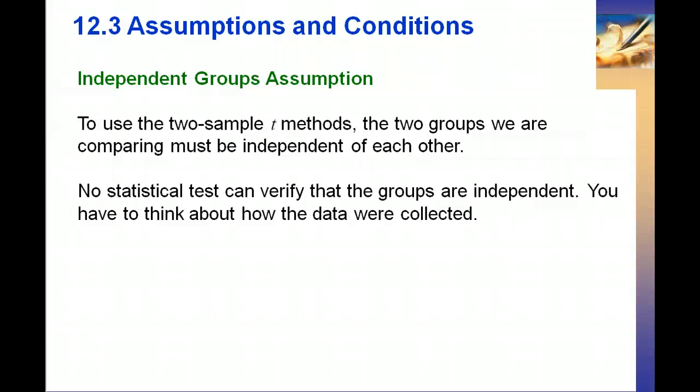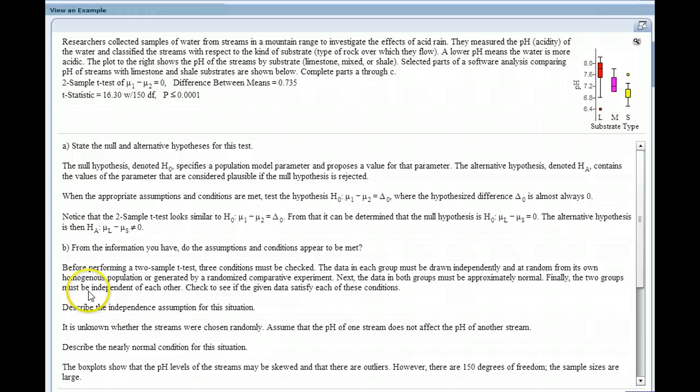So let's take a look at the response. Before performing a two-sample t-test, 3 conditions must be checked. The data in each group must be drawn independently and at random from its own homogeneous population or generated by a randomized comparative experiment.